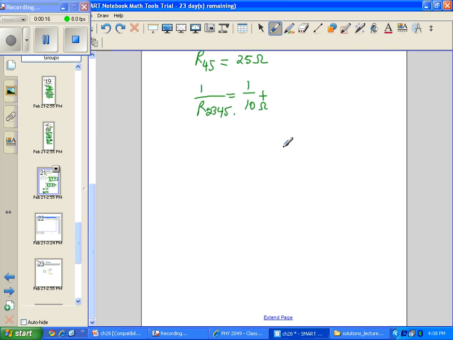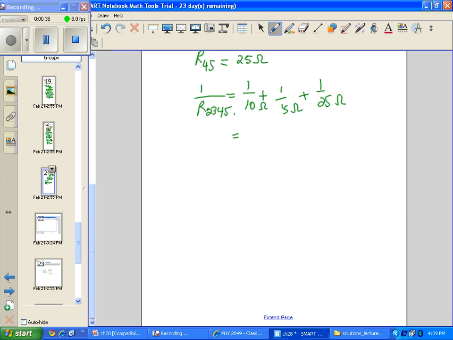We were attempting to calculate the value of R2345, and we were writing down 1 over 10 ohms plus 1 over 5 ohms plus 1 over 25 ohms.